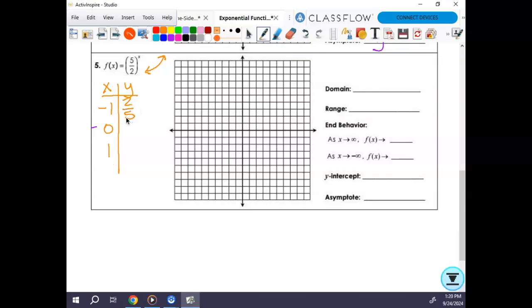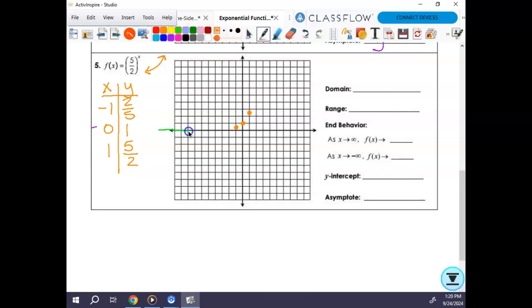What is 5/2 to the 0 power? 1. What is 5/2 to the first power? 5 over 2. Right? So I'm going to plot those 3 points. -1, 2/5. It's a little less than a half. 0, 1. Shocking, right? And then 1, 5/2, which is like 2.5.